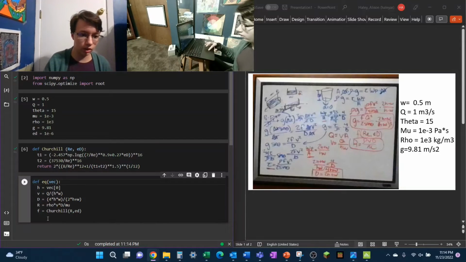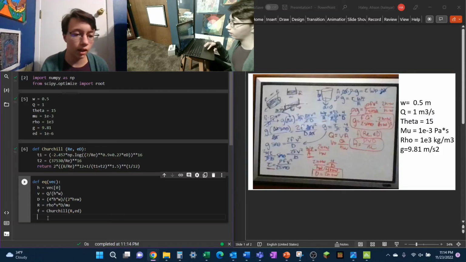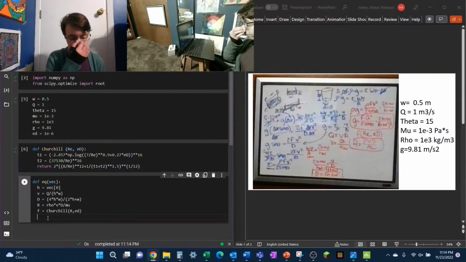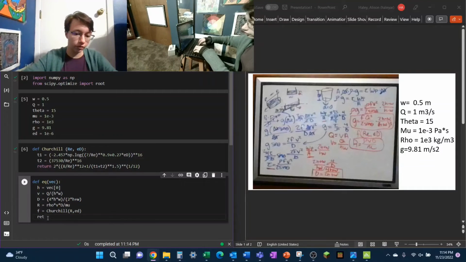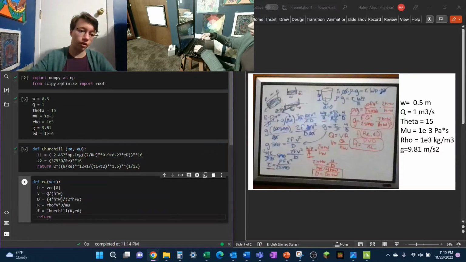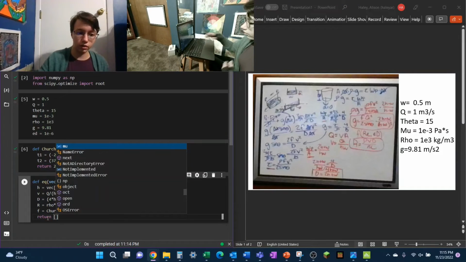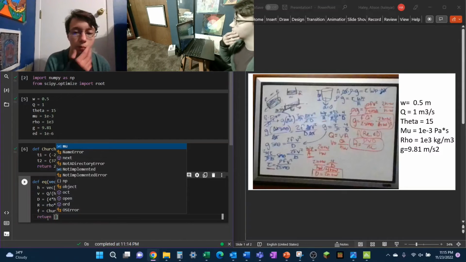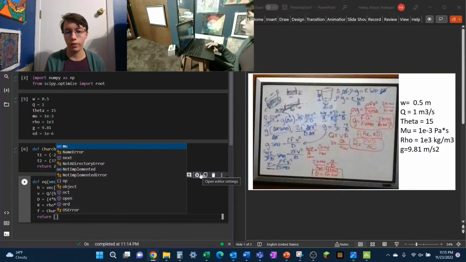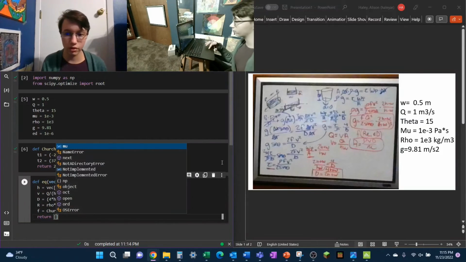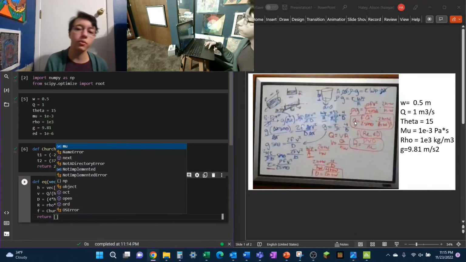Alright, so now we should have everything defined, and we can return. That's the word I'm looking for. So we're going to return our answer basically, and it's going to need to be a vector. So what root does is it sets everything equal to 0. So we need to basically set this equation equal to 0 by subtracting this side over to g. So it's going to be g minus this side is equal to 0.